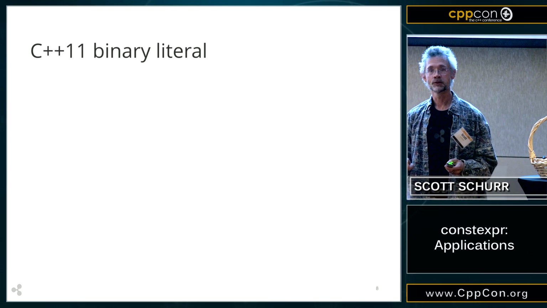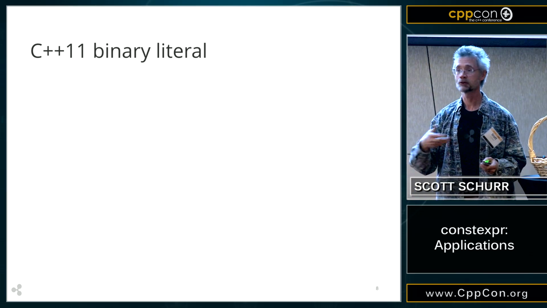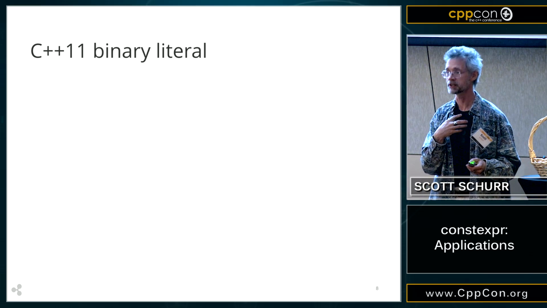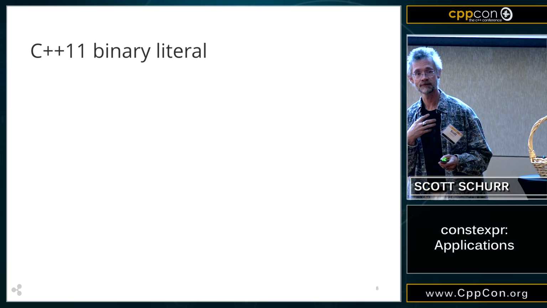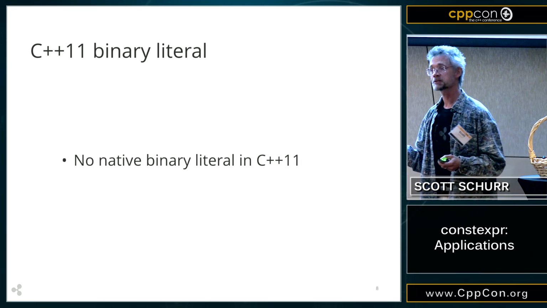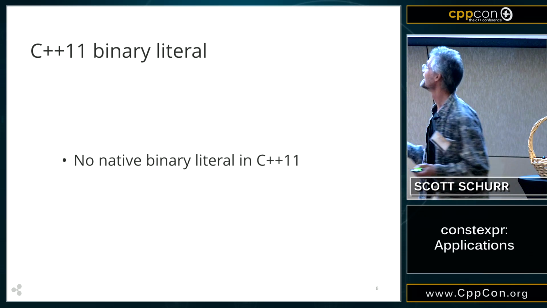But we're going to talk through a C++11 binary literal. How many of you, I do embedded code, I wanted binary literals for years, for decades. And in C++14, we now have them. In C++11, you can build your own, okay?